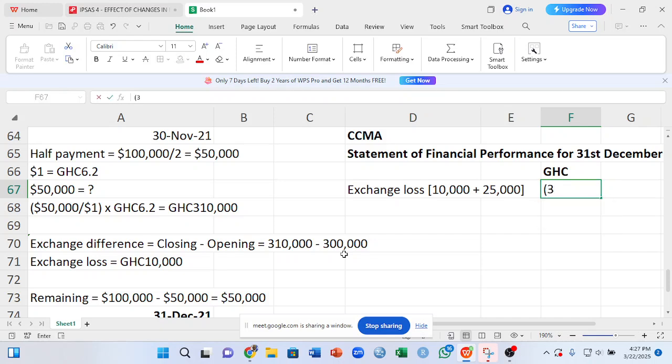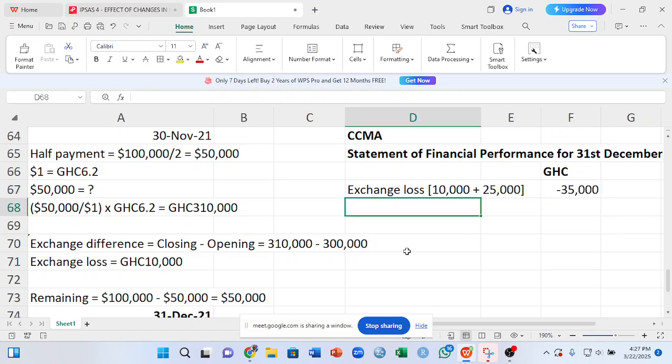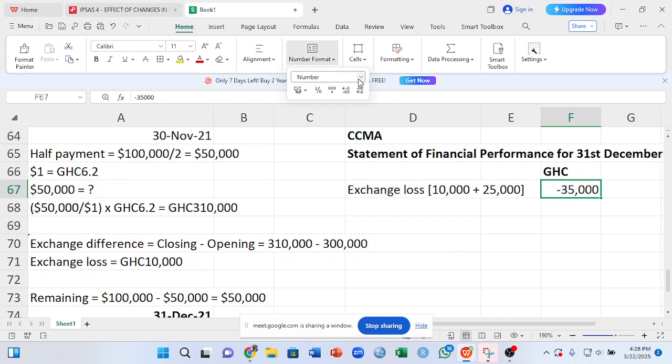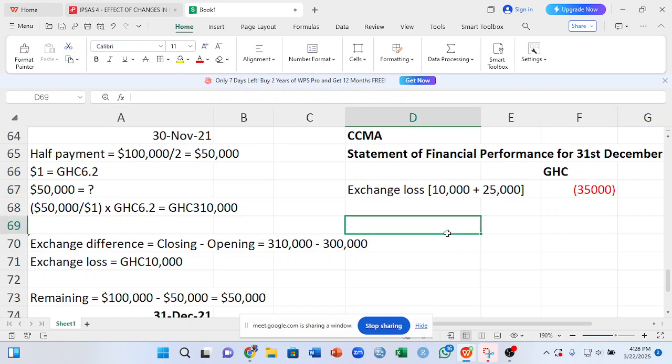This is a loss or an expense, so we need to show the accounting negative for it.